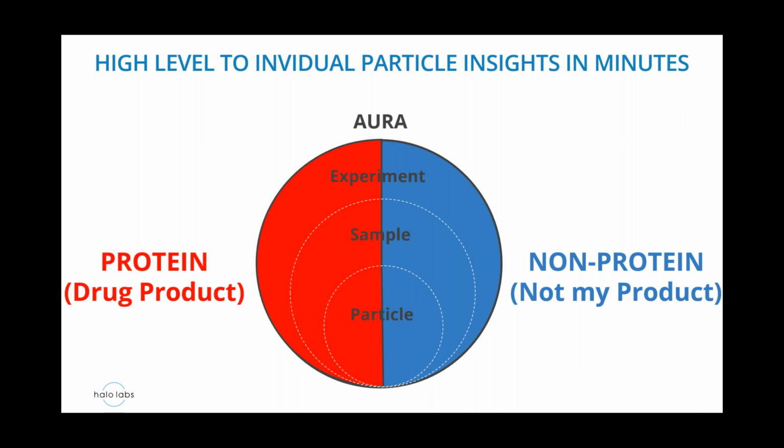Fundamentally, the vision for the Aura ultimately is that not only do you know, at the single particle level, their size and morphology, the particle size distributions, and these high-level insights, but you use Aura to understand, for all of these constructs, are you looking at your drug product or something else? That completely changes how, from the earliest stages, you can optimize your formulation and debug what might be going on.